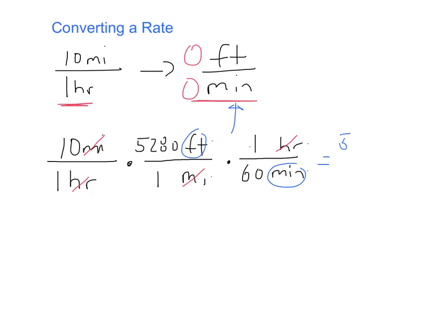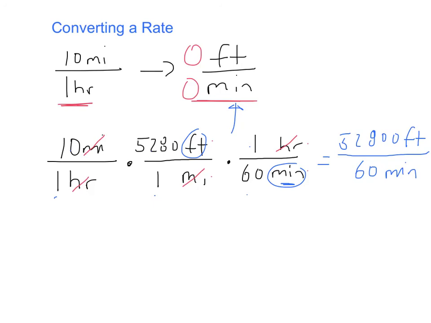And that would give me 52,800, and the only unit of measure left is feet. So that is all over what's in the denominator. So I have 1 times 60. So I have 60, and the only unit of measure left is minutes.